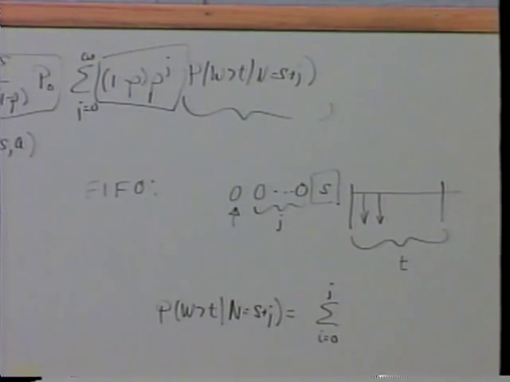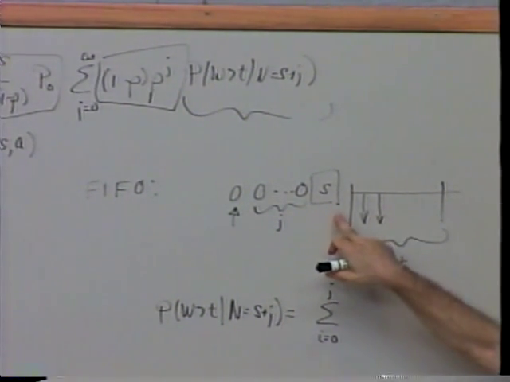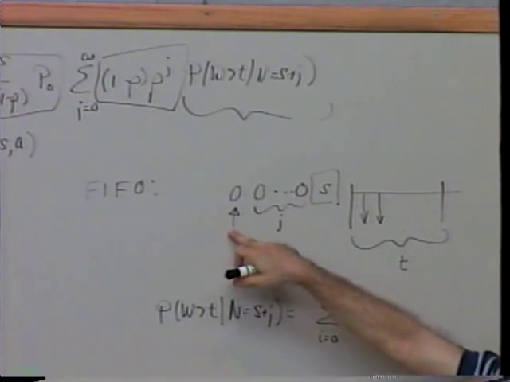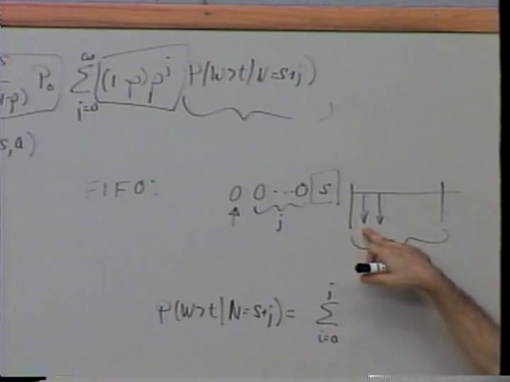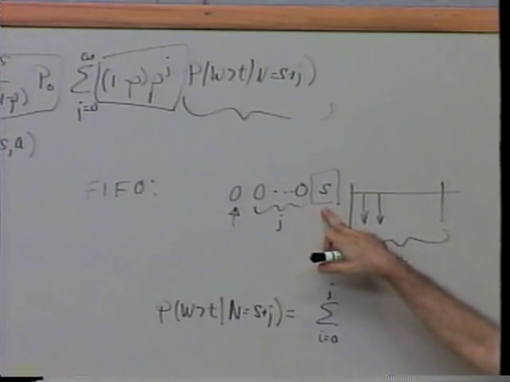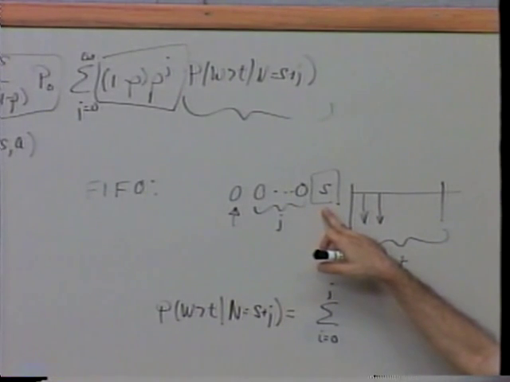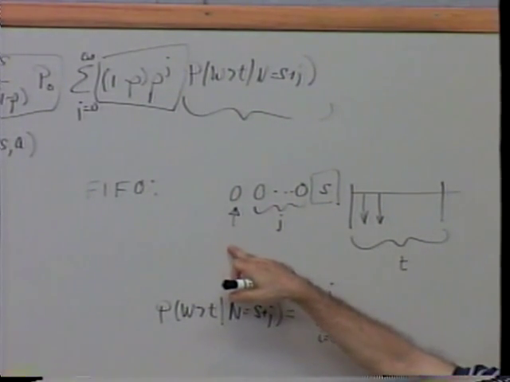They're the same regardless of how long they've been in service because of the Markov property. So therefore, the time from the arrival epoch of the test customer until the first departure is the minimum of the S independent identical exponential service times that are in progress when he arrives.